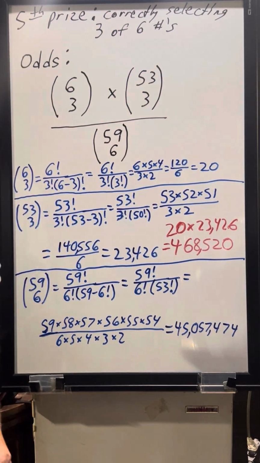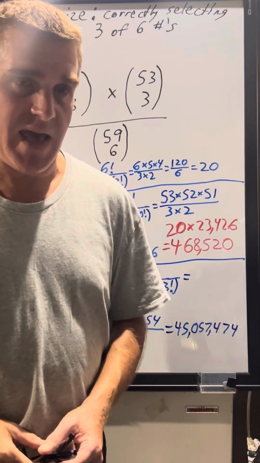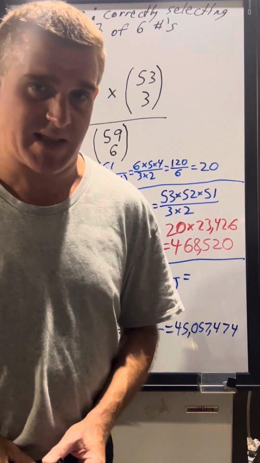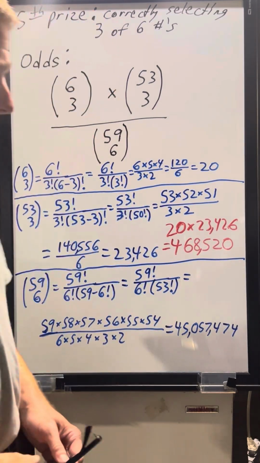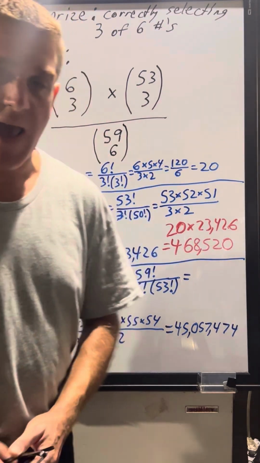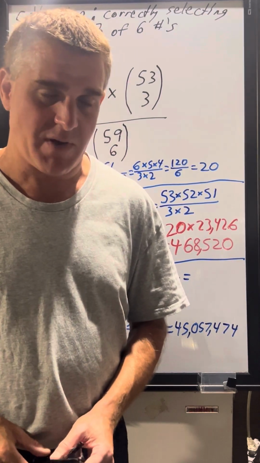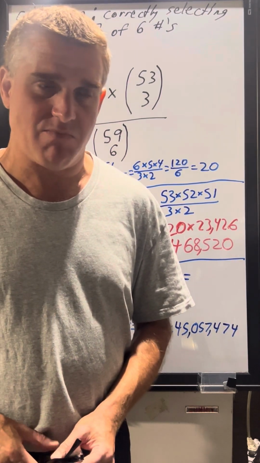And so in the numerator, what you have is you're selecting three numbers out of six. You're figuring out how many different ways can three numbers be selected from six. Then you're multiplying that by how many different ways can the three numbers that didn't match up be wrong.